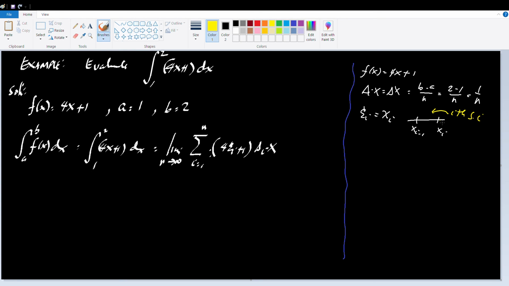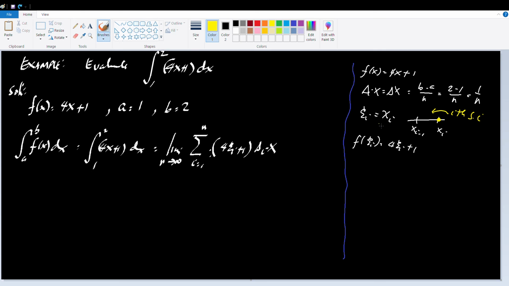And let us choose our c sub i to be the right endpoint of the subinterval. Okay? So our f of c sub i is 4c sub i plus 1. Here, you replace x by c sub i. So that will be 4c sub i plus 1.